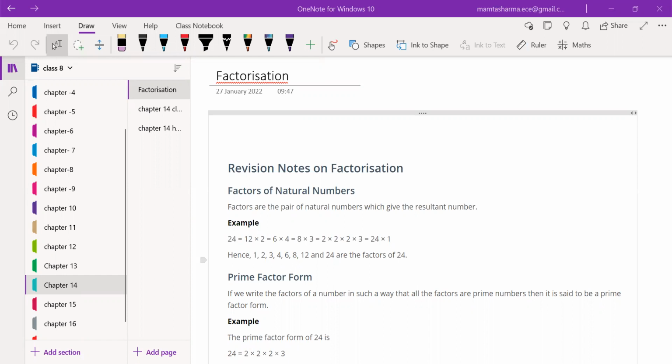Direct and inverse proportion, 10 questions. It's looking interesting. Copy link. Okay, I am sending it to everyone. Ma'am, did you get the link?